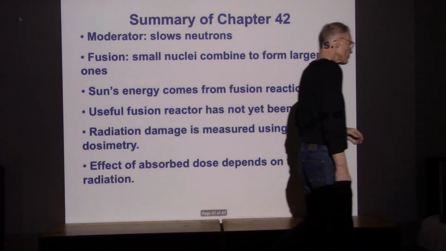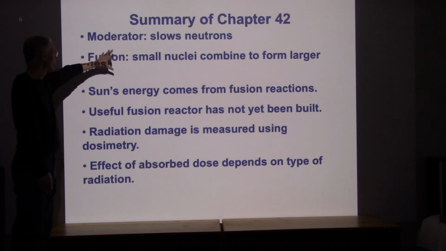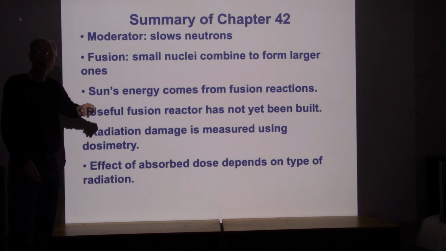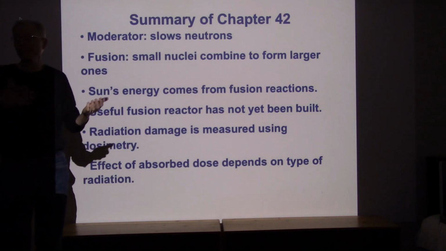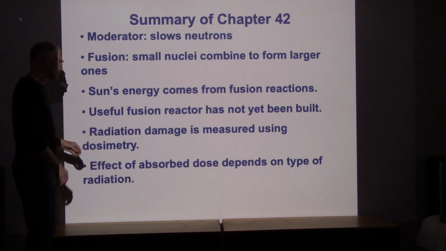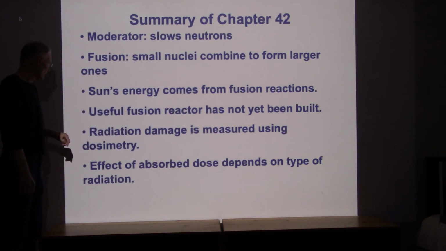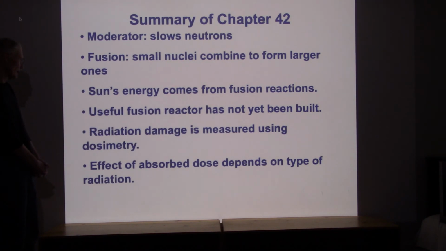And then we also looked at fusion, and again, a good amount of detail on fusion, both inside stars and power plants, as another example. And then radiation dosing. So how much energy is absorbed by an object when it's exposed to radiation, and that's it. So that is this chapter.